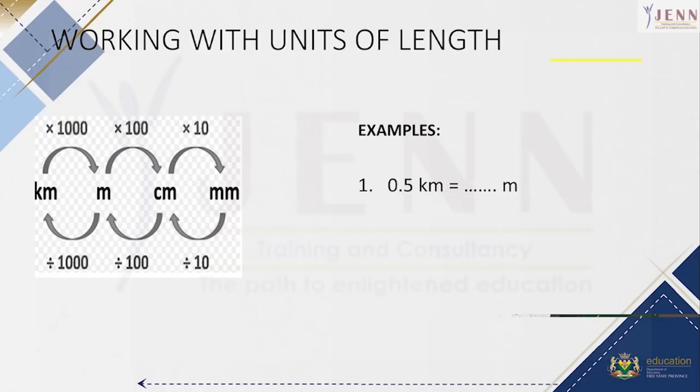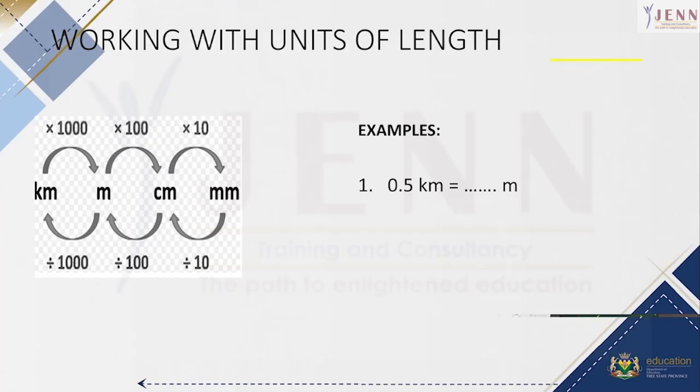I will have to go back again to working with units of length. For example, like you said, we are normally multiplying by base of 10. When you move to the right, you multiply by the base of 10, depending on the steps that you are moving.